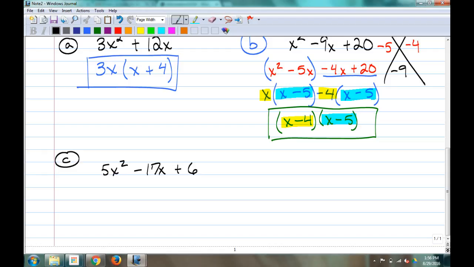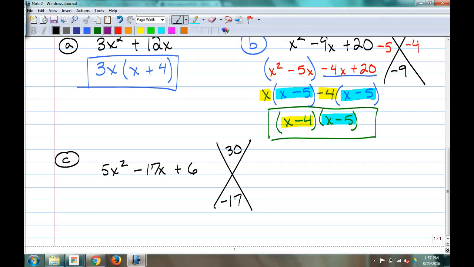So the next thing to do, how many terms are there? 3. So I'm going to use that X method again. So what goes on the top? 30. 5 times 6 is 30. Negative 17 goes in the bottom. Negative 15 times negative 2.